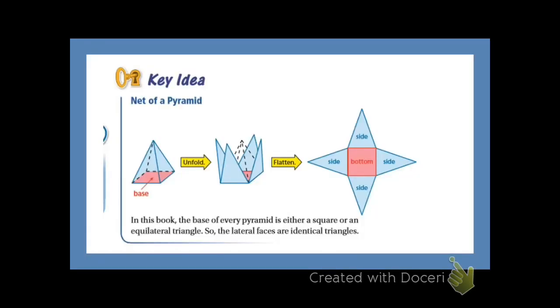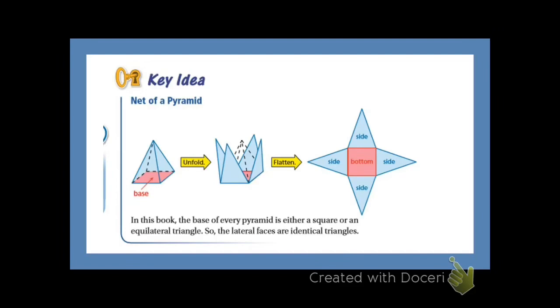Something else I want you to note, in our book, they're reminding you in this section, it says, in this book, the base of every pyramid is either a square or an equilateral triangle. And if it's an equilateral triangle, that means it is the same dimension on all 3 sides. All right? So the lateral faces are identical triangles.